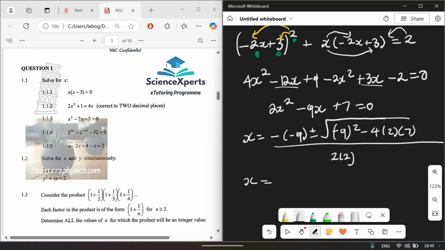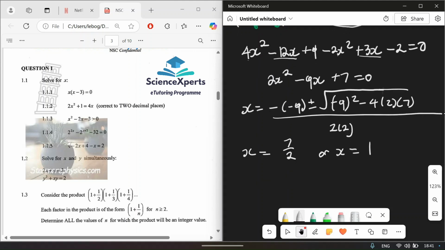So x will be, let me put this in my calculator, all over 4. So x is equal to 7 over 2, or x is equal to positive 1, right? So these are our x values.